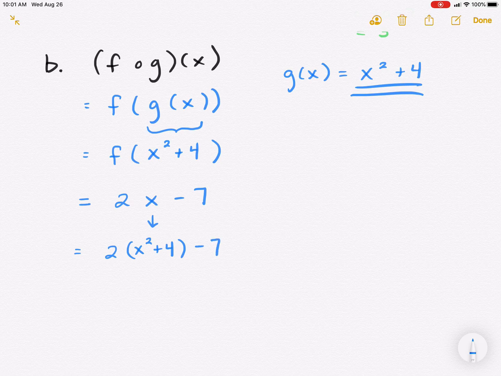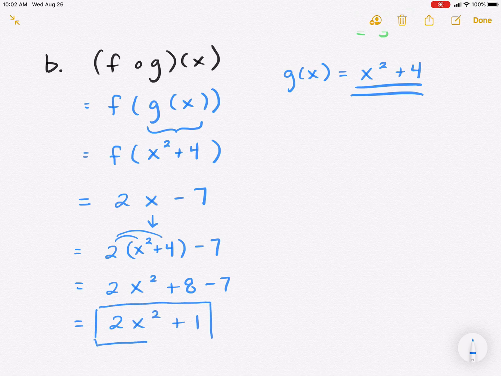So we're going into f, and we're replacing the x with this input x squared plus 4. And then we just simplify. I'm going to distribute the 2, and we're going to take 8 minus 7, which is 1. And so what we've done here is made a new function that has the g of x function plugged into the f function.